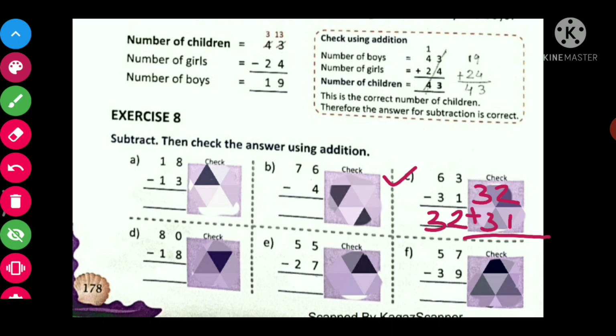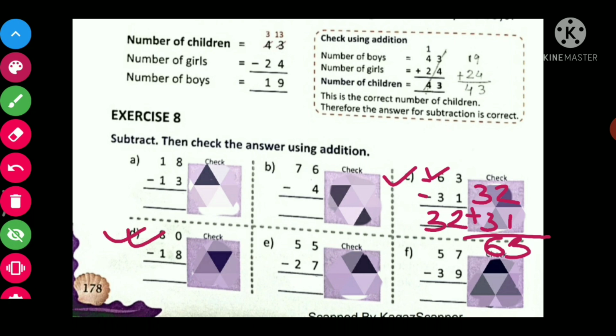Okay, among these two numbers 31 is the smallest one, that's why I take 31. Now 1 plus 2 plus 1, it will be how much? 3, and this 3 plus 3, it will be how much? 6. So 63, I got this one. So my answer is what? Correct. Okay, like this only you have to do the rest of it.